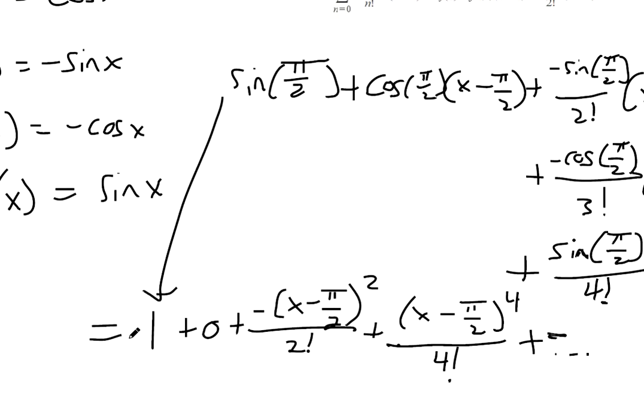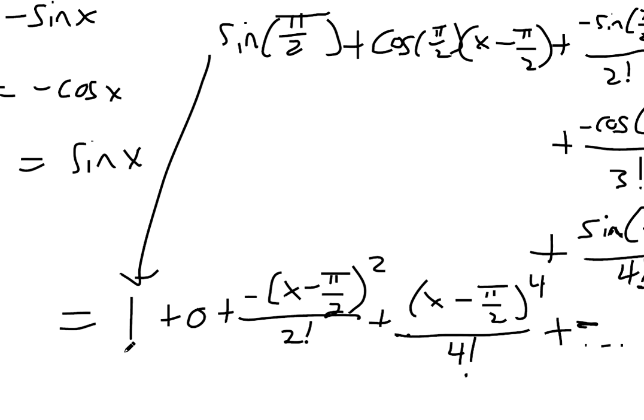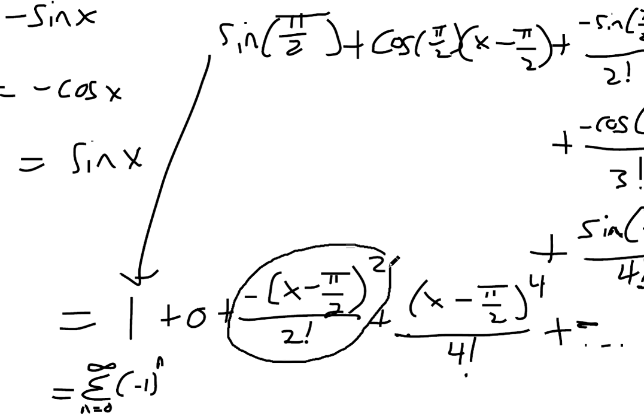Excuse me. Let's zoom in so I can have a little more whiteboard space. So it's a sum from n equals 0 to infinity. We're going to have an alternating term, a positive 1 when we plug in n equals 0. And then for the terms that are going on here, this is an even number, so I'm going to write x minus pi over 2, and then we need an expression in math to make something even.